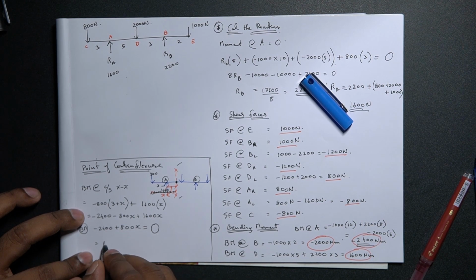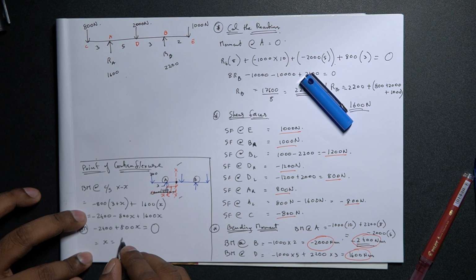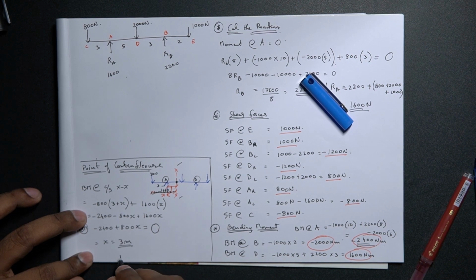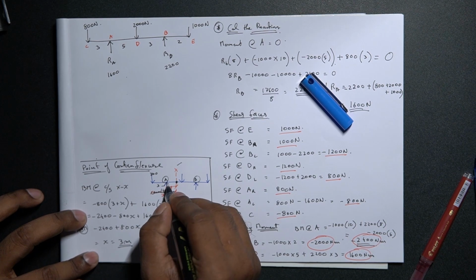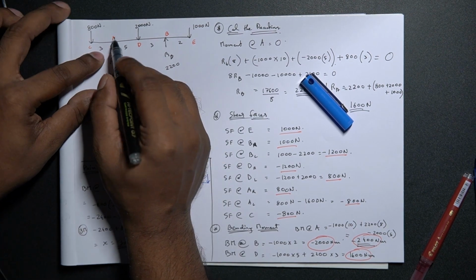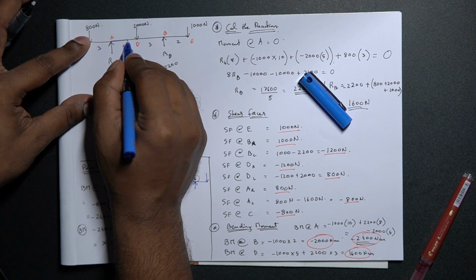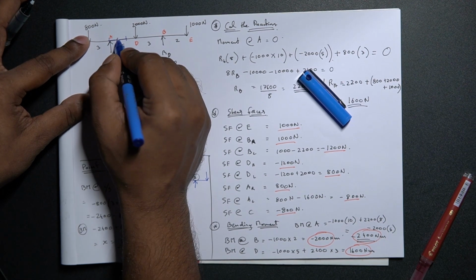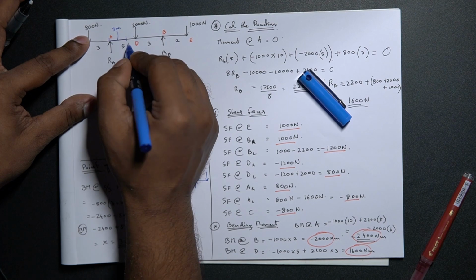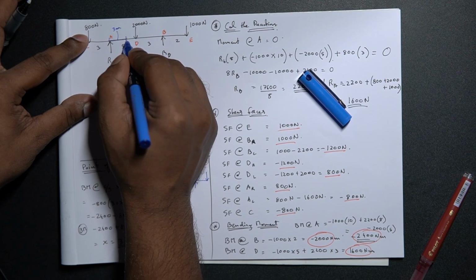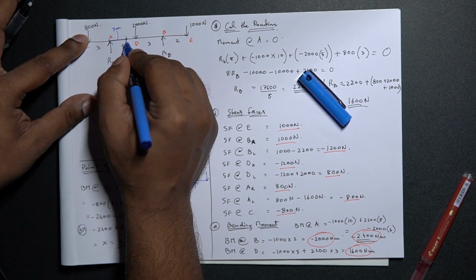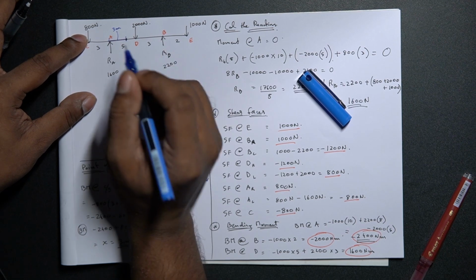So x is 2400 divided by 800, that is 3 meters. It means that from point A, at 3 meter distance, your point of contraflexure is occurring, and at that particular point your bending moment will be absolute 0.